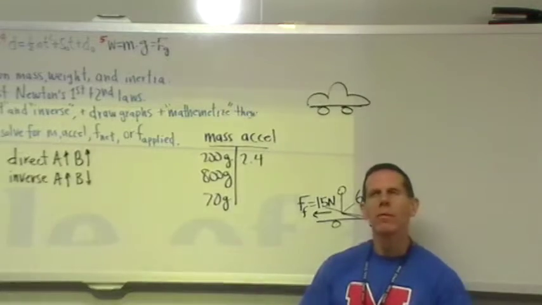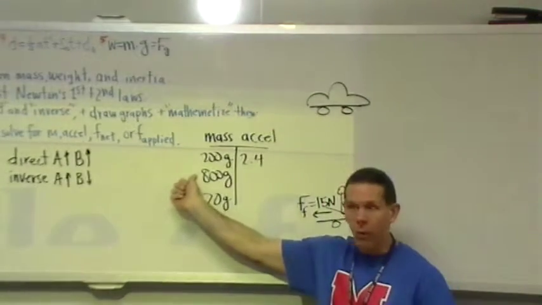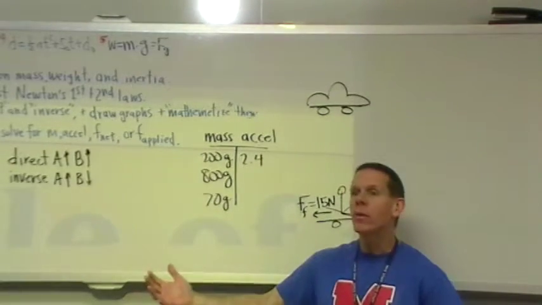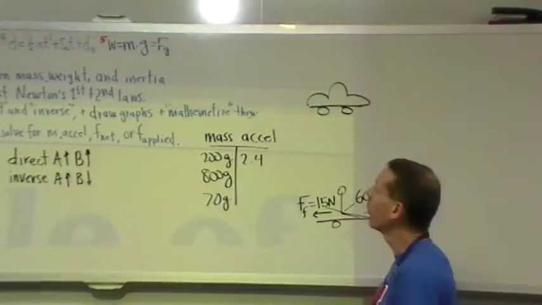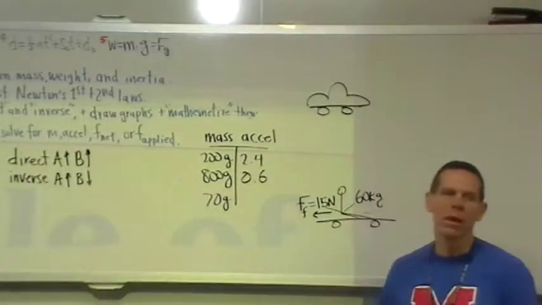Okay, his first time through shouldn't have been that big a deal. The mass got multiplied by 4, so the acceleration gets divided by 4. I don't even need a calculator because 24 divided by 4 is 6. So 2.4 divided by 4 better be 0.6. That's one you don't really need a calculator for.